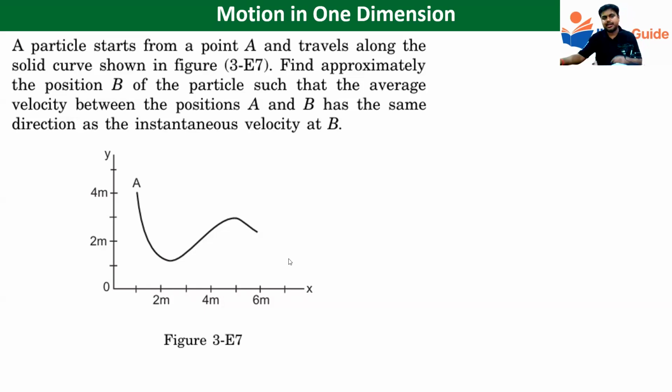So here, if you see, the average slope should be equal to the instantaneous slope. Okay. So if you see here, if we join, here the instantaneous velocity is also like this, and the average velocity is also like this.